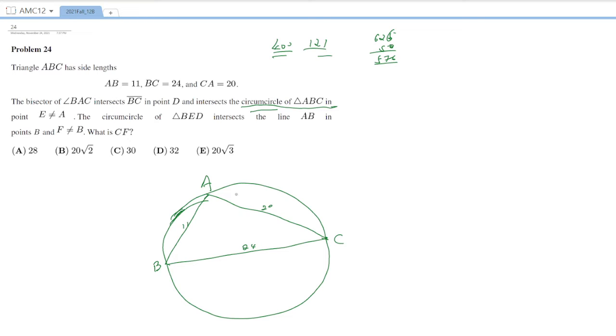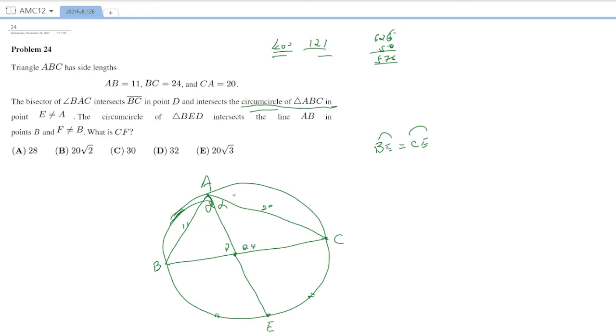So the angle bisector of BAC is here. It intersects here at D and also here at E. And since it's the angle bisector, you know arc BE must equal arc CE, right? So they span the same angle here.